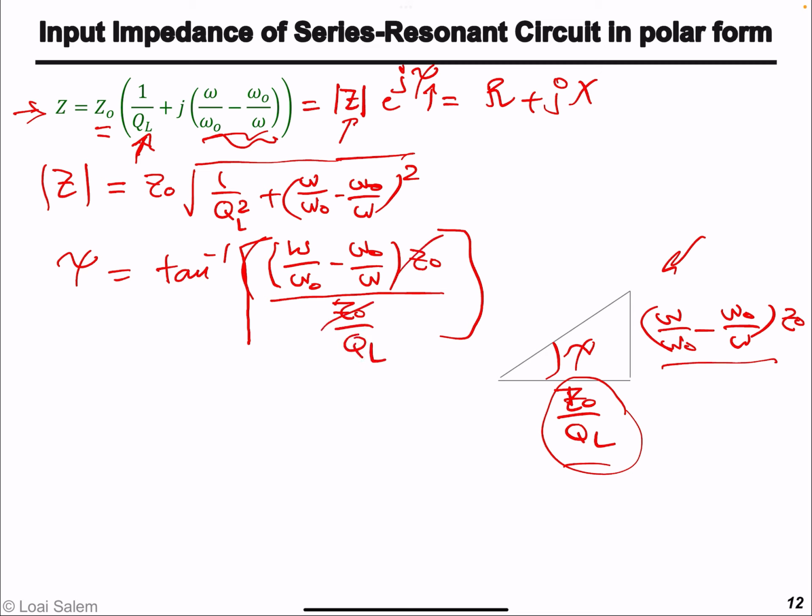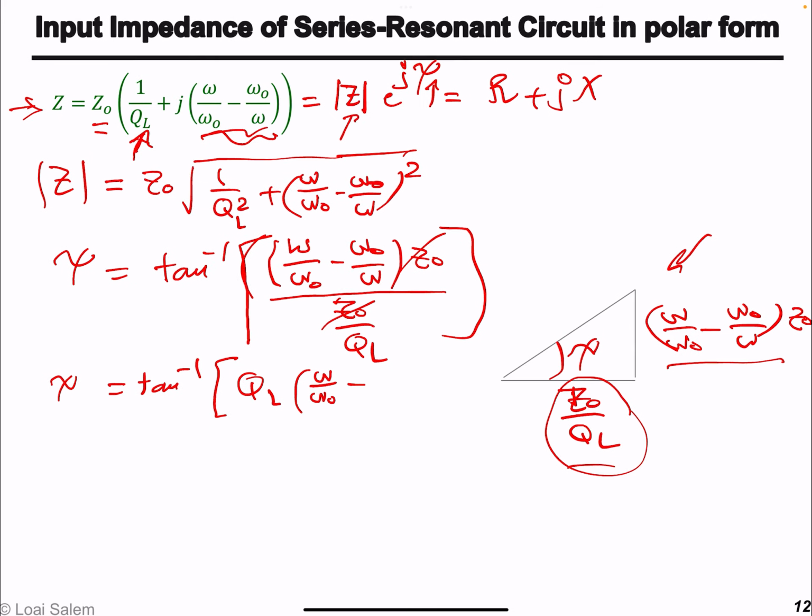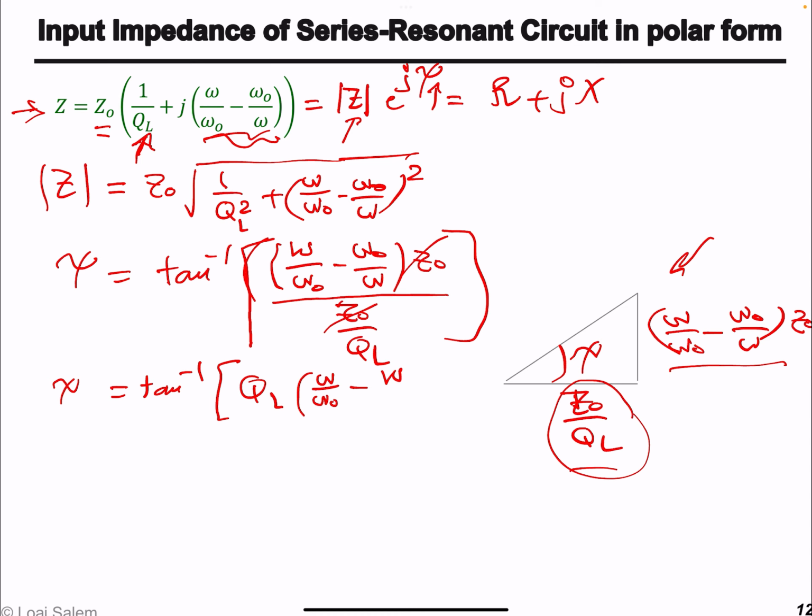Z naught cancels Z naught, and we end up with psi equal to arctan of QL multiplied by omega over omega naught minus omega naught divided by omega.